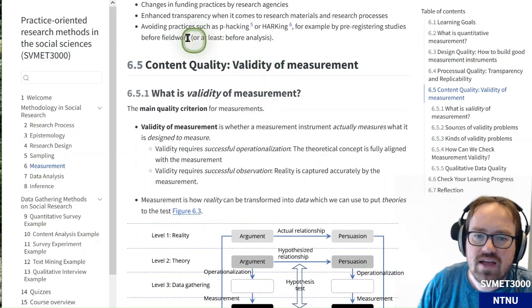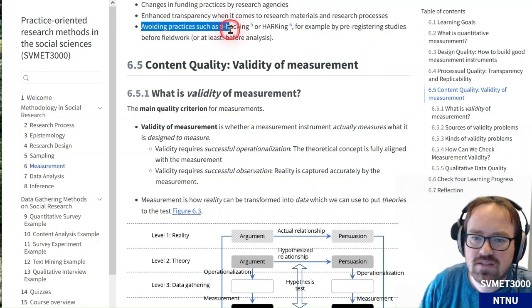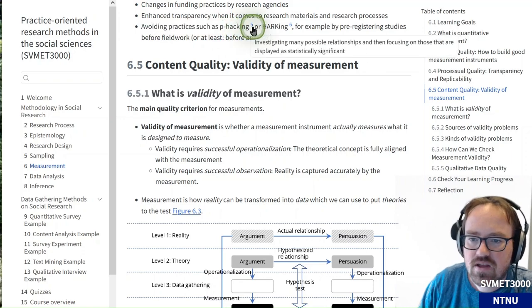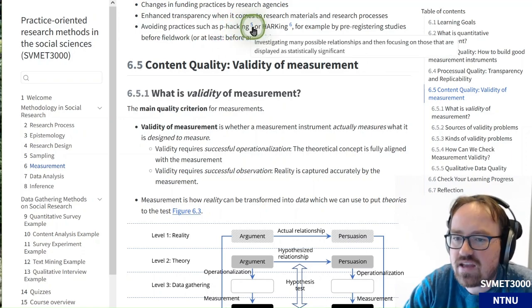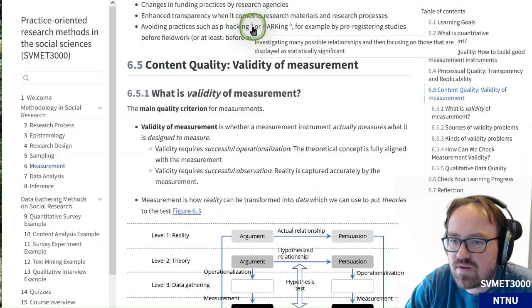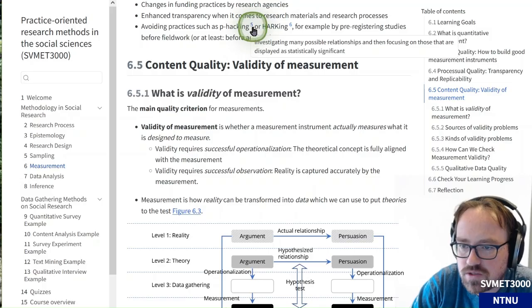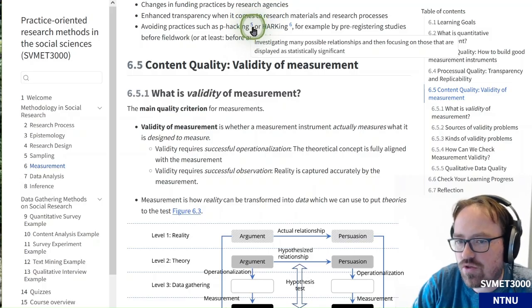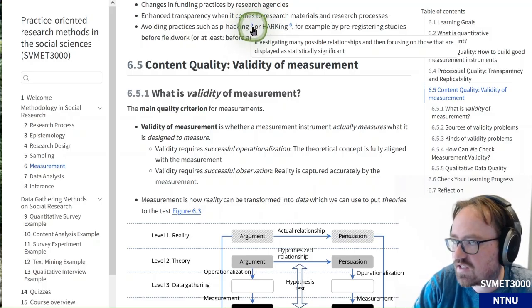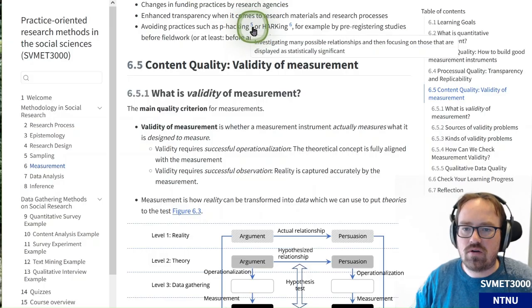And you as a research practitioner should avoid practices such as p-hacking. So that means that you investigate many possible relationships and you don't really have a plan which one you test for and which not. And then you just focus on those that are displayed as statistically significant, as if you had known beforehand, right?